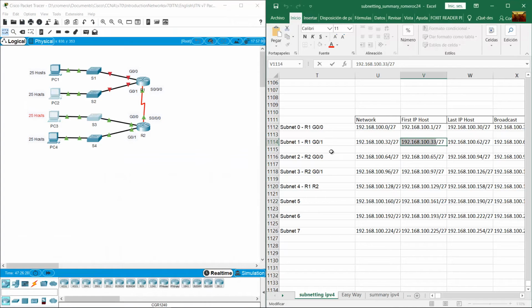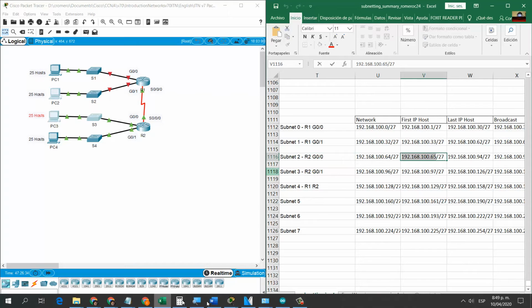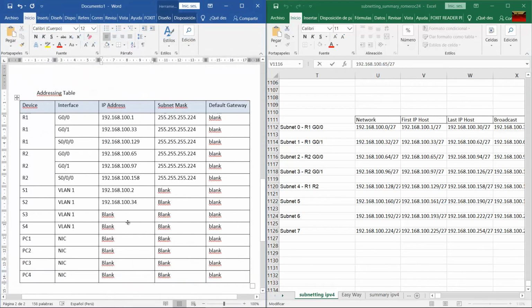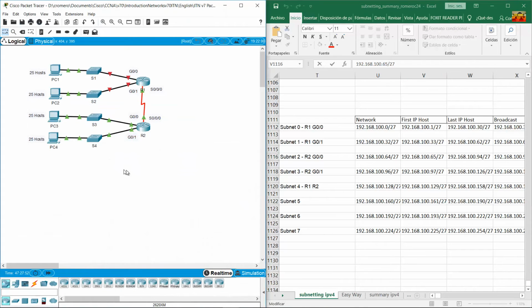S3 subnet 2 will be 66. Okay, be careful. S4, subnet 3 will be 98.